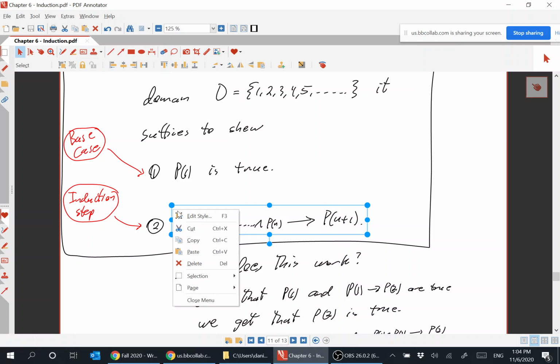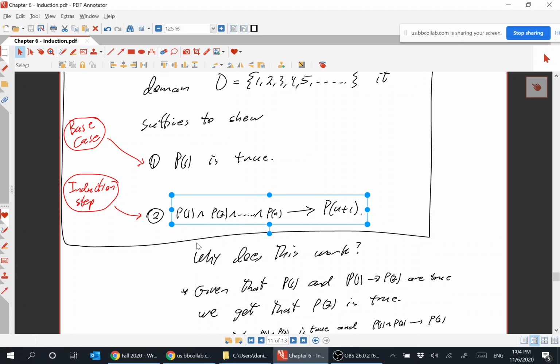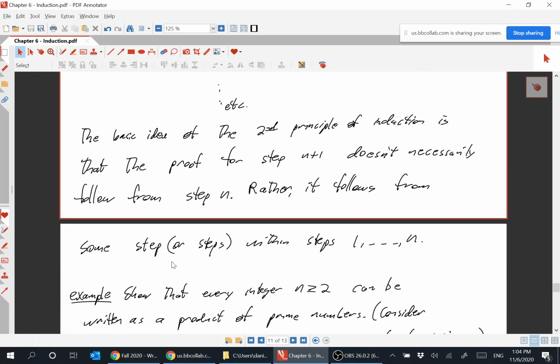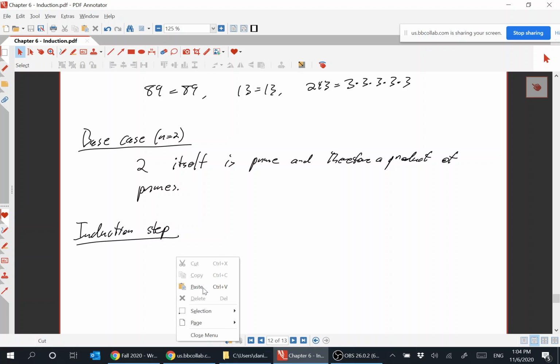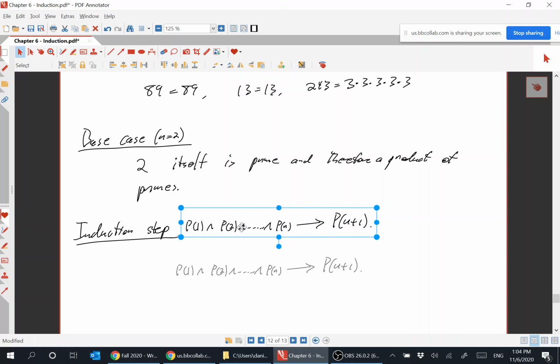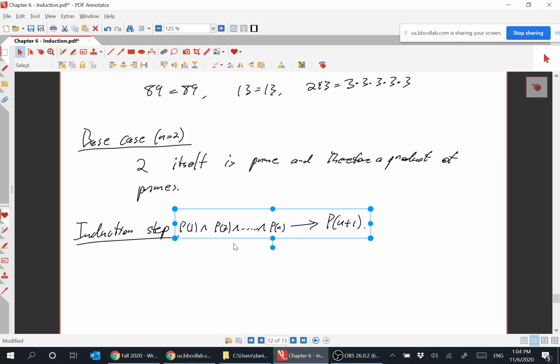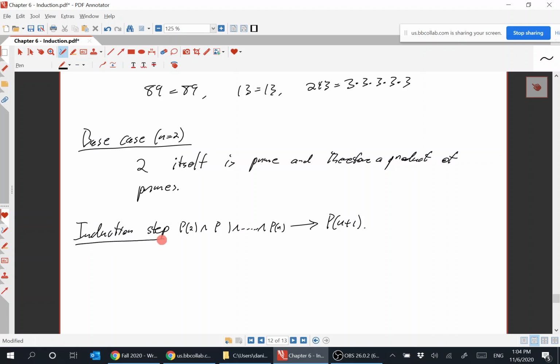So let me write this down. The base case wasn't 1, it was n equal to 2. So we'll just fix that. P2, P3, P4, all the way up to Pn implies Pn plus 1.